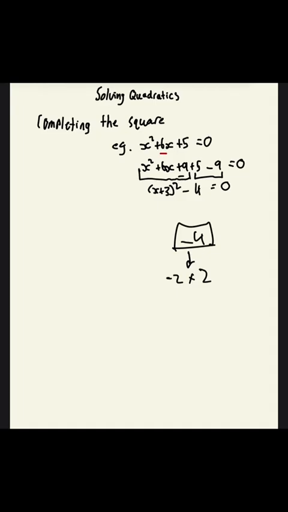So negative 2 and positive 2 are the things that make up negative 4. So we can put that into the formula up here. So we keep the x plus 3, but then we put that negative 2, and then we do the other x plus 3 and put the positive 2 there, equal to 0.